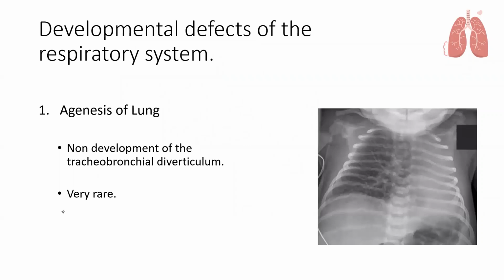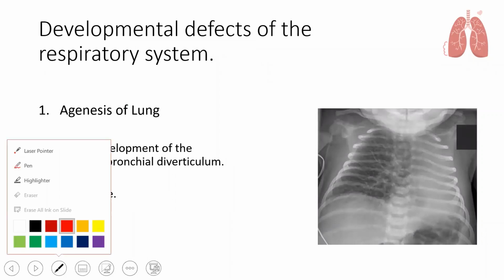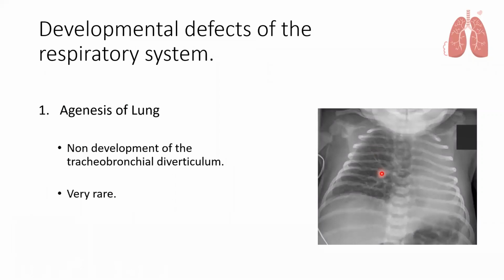In this X-ray, in black color you see air, right? With the tracheobronchial tree in white lines, this is the normal appearance of a lung, and on the left side you don't see any markings. So this child has been born without a left lung.